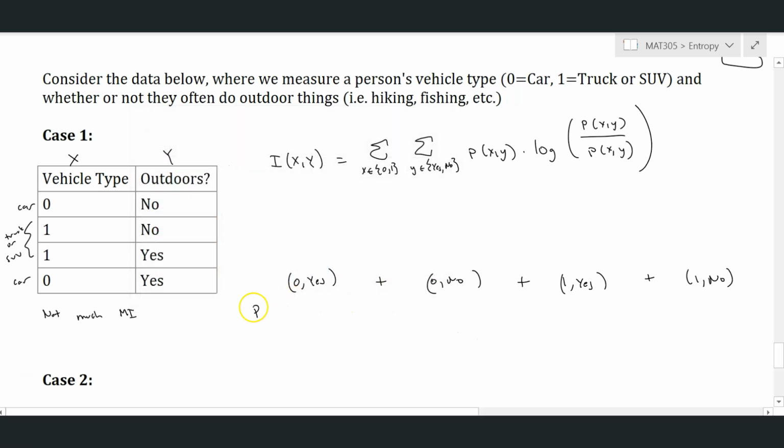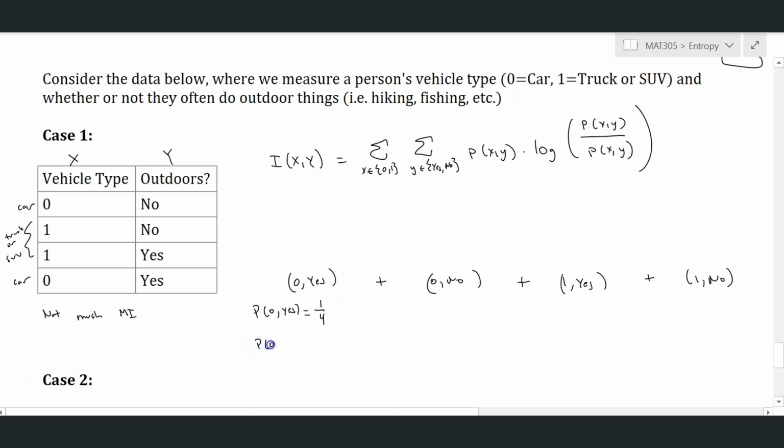I'm being a little sloppy here, I should say x equals 0 and y equals yes, but we can calculate that, right? What percentage of the outcomes, there are 4 of them, what percentage are 0 for vehicle type and yes? Well, there's only 1, right? 0, yes, there's 1 out of 4.